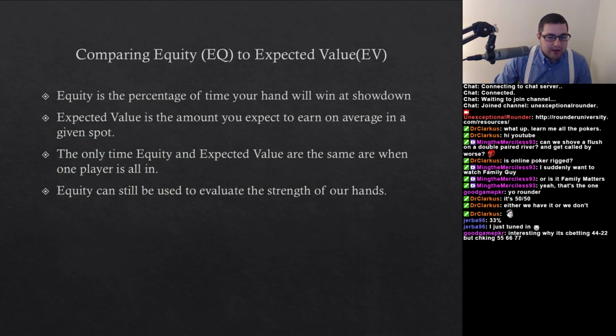The only time equity and expected value are the same is when one player is all in. So in other words, say you take ace-king versus a pair of queens, and both players are all in pre-flop. If you multiply the equity of each hand times the size of the pot, that is the expected value.